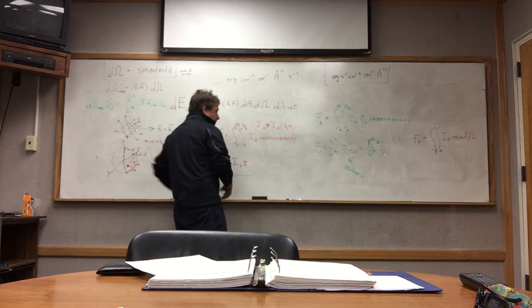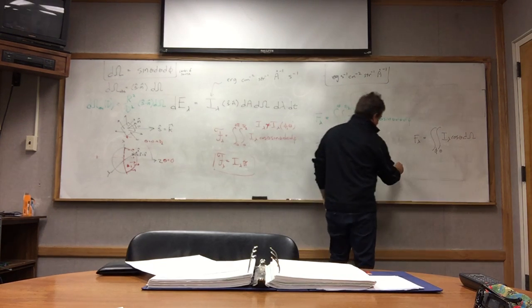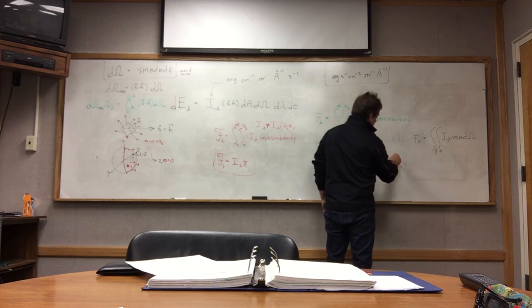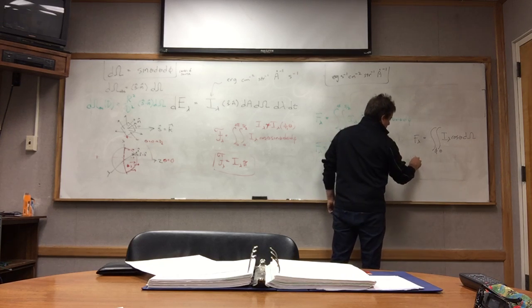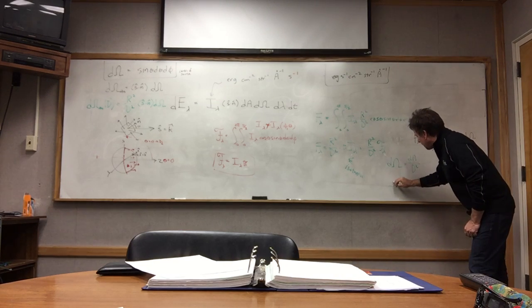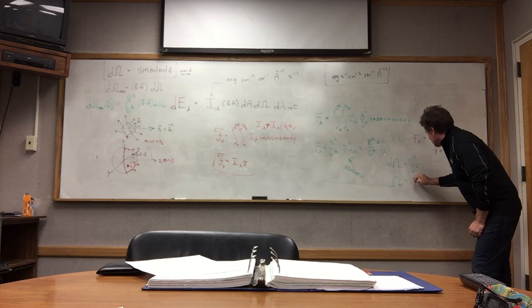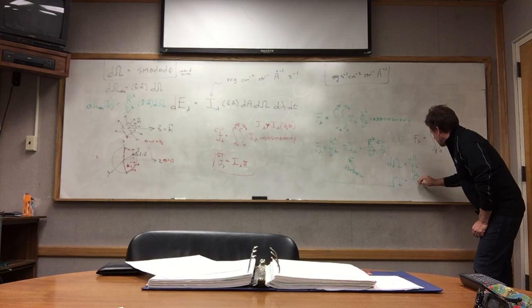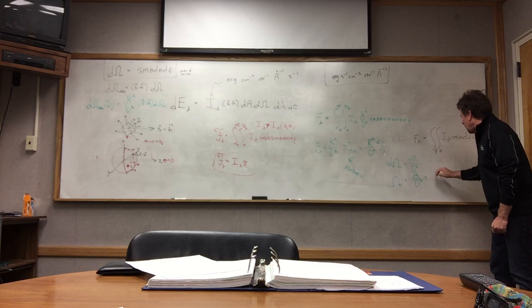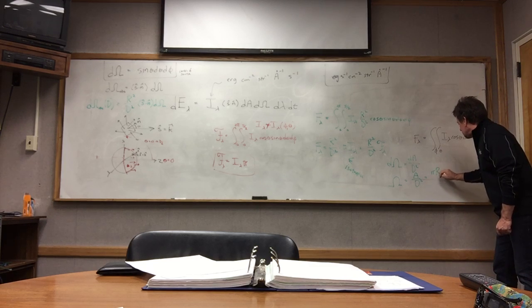What's omega again? Well, d omega is dA over distance squared. So omega of an object is equal to the area in projection divided by distance squared. The area of the star is pi times the radius of the star squared.